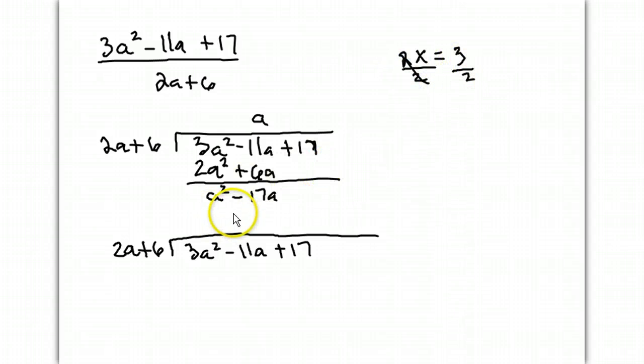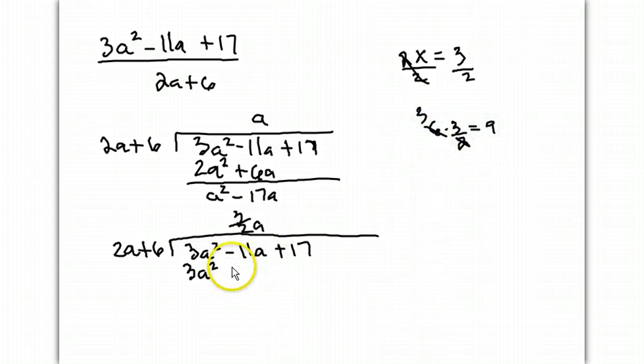So what I really need to multiply by is 3 halves a. So when I multiply 2a by 3 halves a, I get 3a squared. And then I have to multiply 6 by 3 halves a. Well, 6 times 3 halves, 2 goes into 6 3 times, so that gives you a 9. So that gives you a positive 9a.